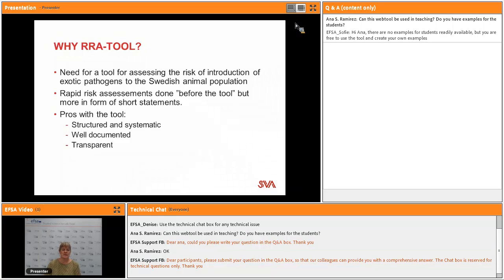We did that kind of assessments also before the tool, but they were more in the form of short statements. And the pros, from our point of view, with this tool is that it's structured and systematic, and it's more well documented than before, and because of that, it's also more transparent.